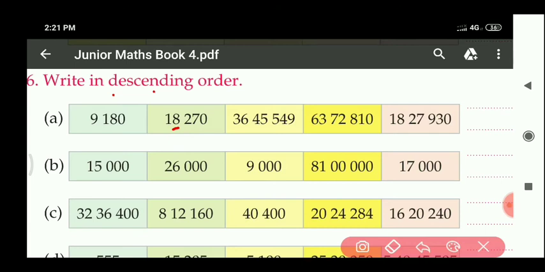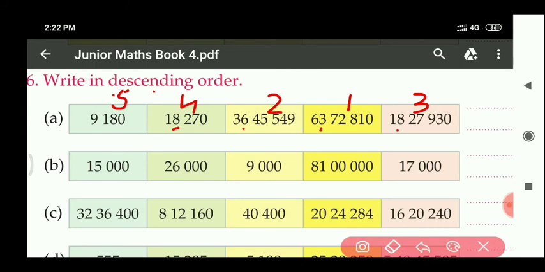Up to the 10 lakh place 36, 63 and 18. 63 is bigger, so write here 1 upside. And in these numbers up to the 10 lakh place 36 is bigger than 18, so write here 2. Then after will be 18 lakh 27,930. Okay. Now in these, 1000 and this is given up to 10,000. So 10,000 is bigger than 1000. So write here 4 and the next one will be 5.